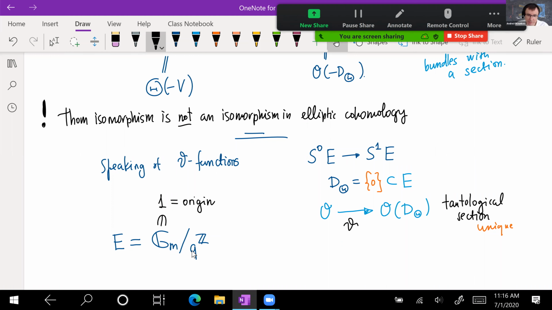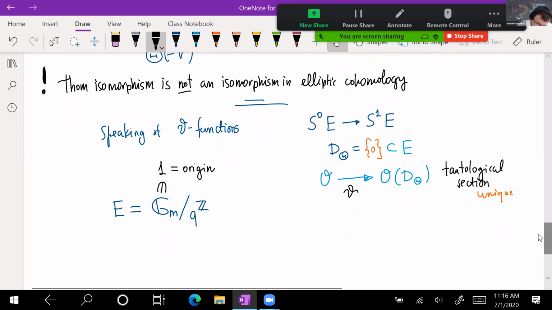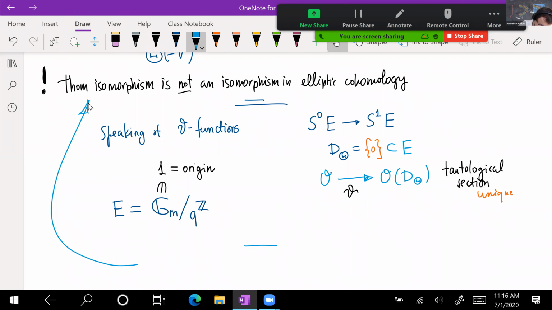But now I said that in elliptic homology, this Thom isomorphism is not really an isomorphism. It's useful to know that in K theory we do not have that effect, right?